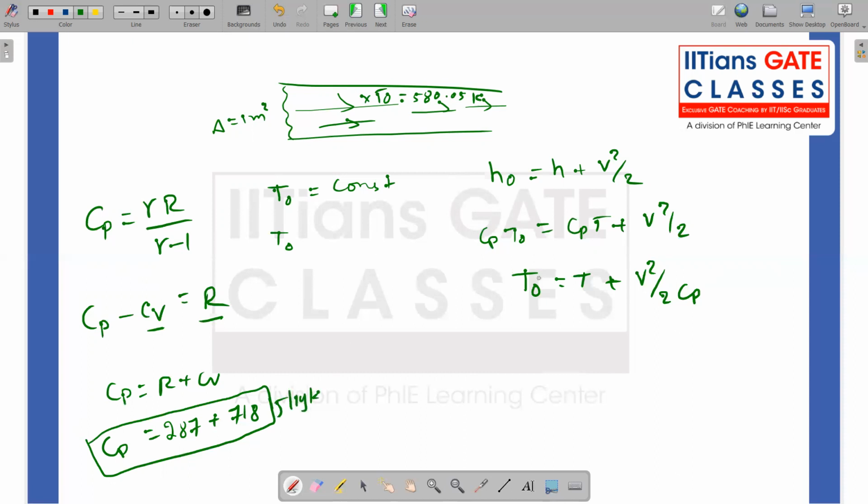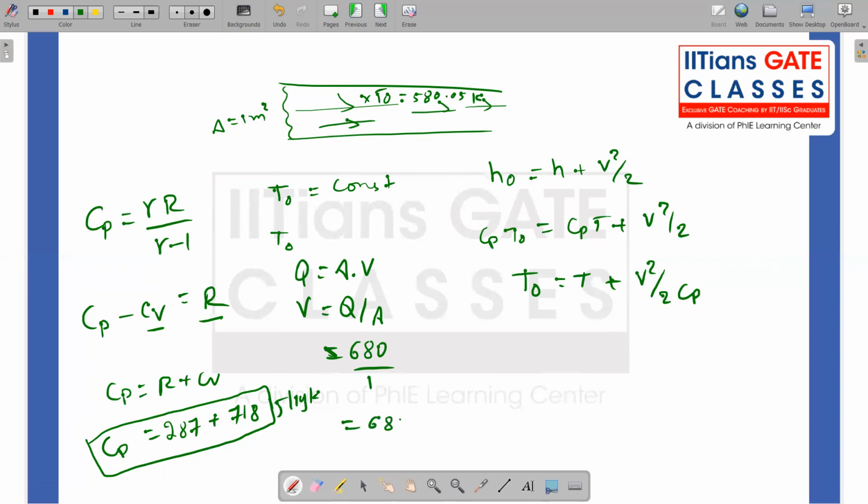Now what is V? V can be calculated from the volume flow rate information, that is A times V, or V is nothing but Q divided by A. So Q is given to be 680 and A is given to be 1 meter square.